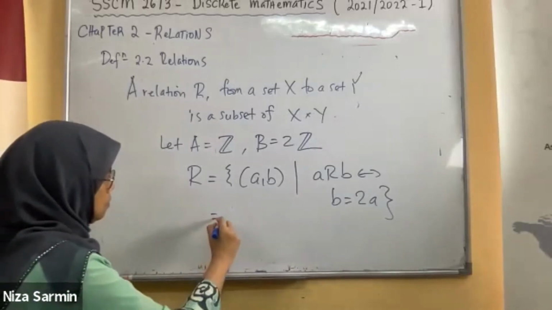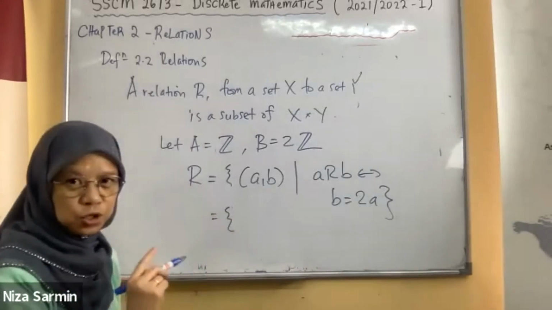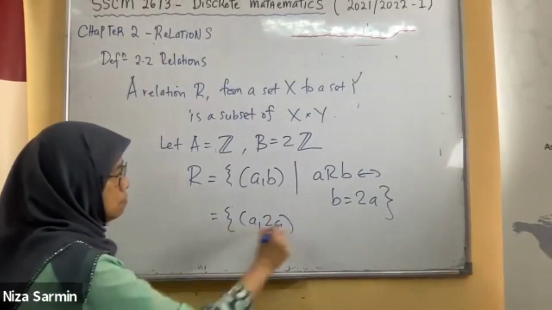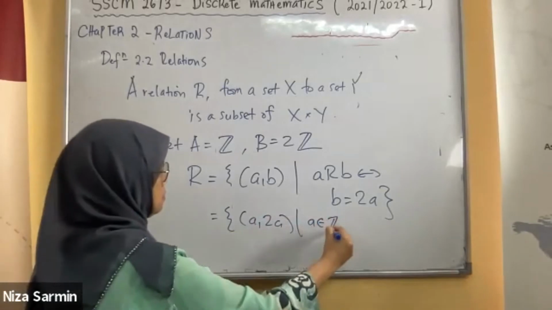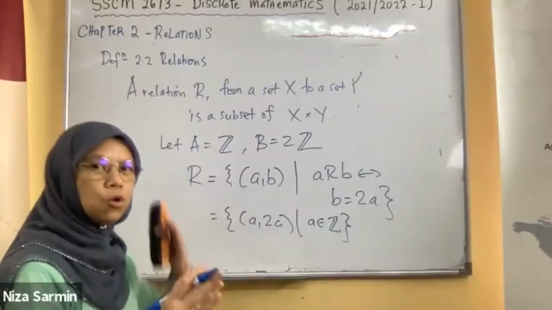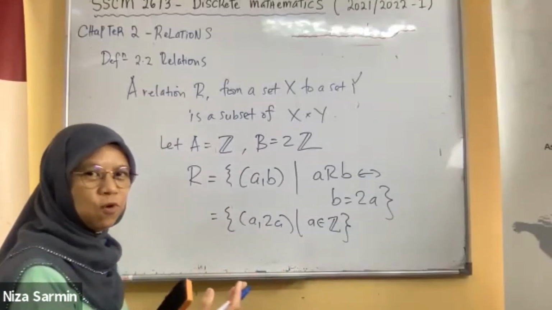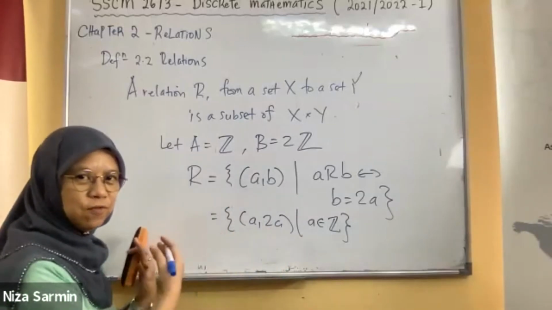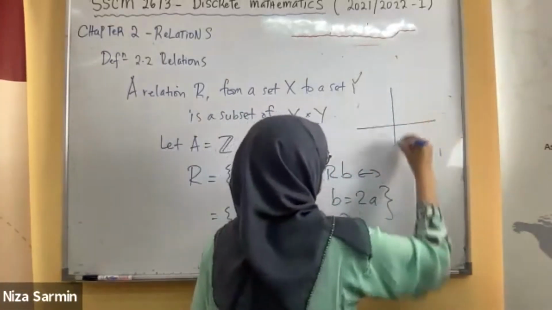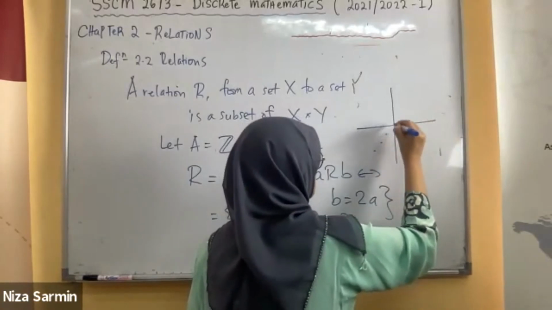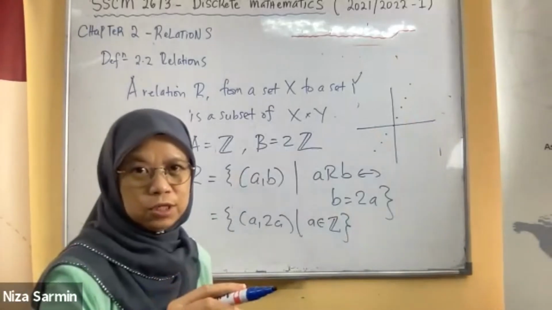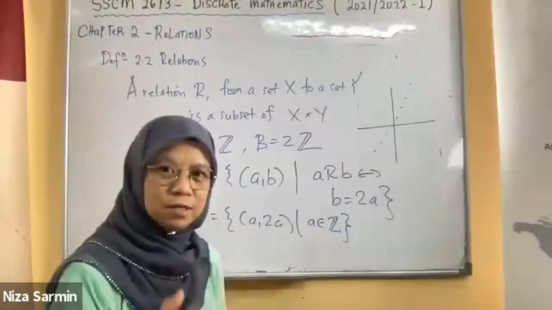So this one, you can shorten this and put just A in Z. So if you want to list, it will be 0, 0, 1, 2, 2, 4, 3, 6, and the negatives. And if you want to draw this in a line, it's not continuous because these are elements of integers.